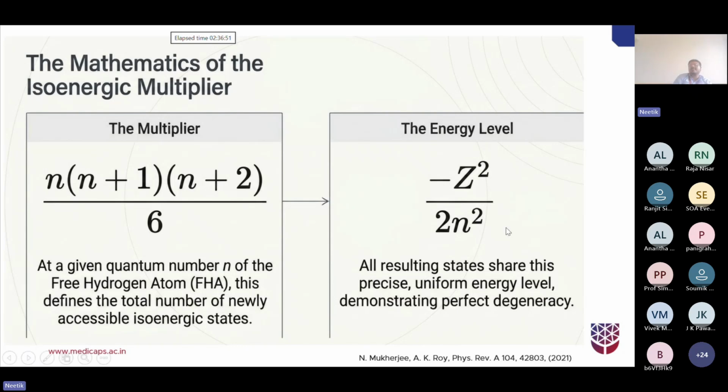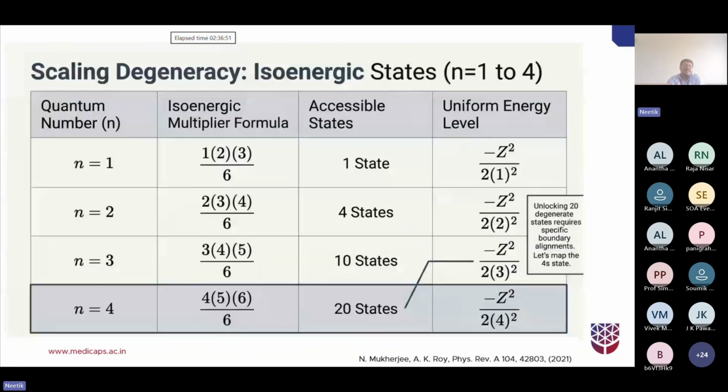Suppose we take an example of n equal to 2 for the free hydrogen atom. The energy will be minus Z squared by 2n squared, and we took Z equal to 1, so the energy will be minus 1 by 8. With n equal to 2, we have 2 into 3, which is 6, plus 2 into 2, which is 4, degenerate states. And with an increase in n, such degeneracy will increase.